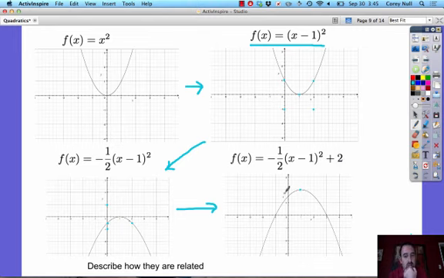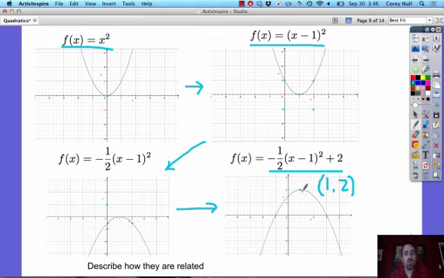Kind of interesting, right? So let's see what happened from picture number 1 to picture number 4. Well, picture number 1 is a parabola with a vertex at 0, 0. Picture number 4 is a parabola with a vertex at the point 1, comma, 2. Okay?